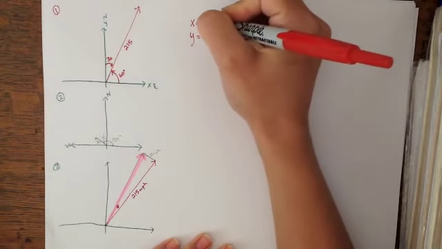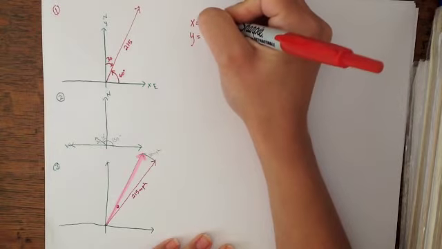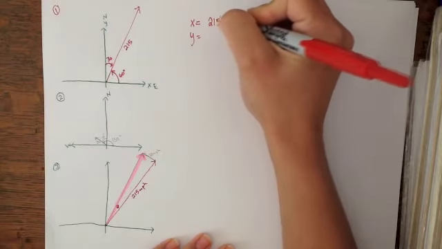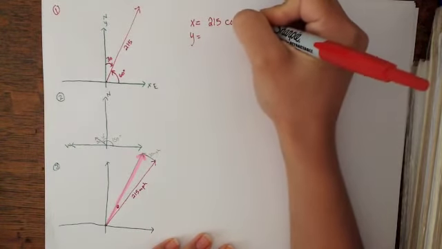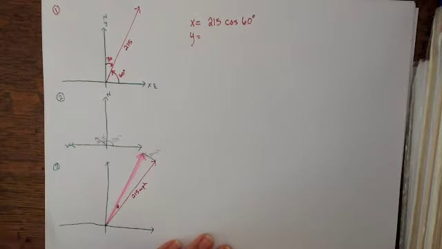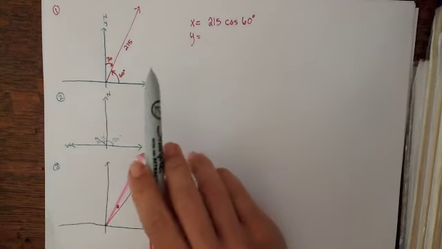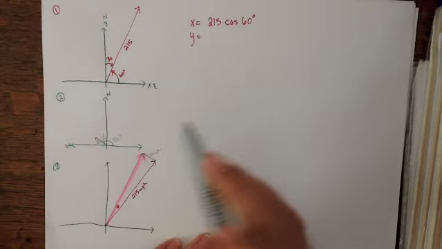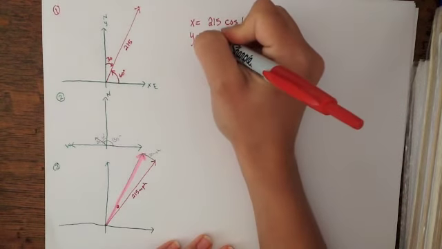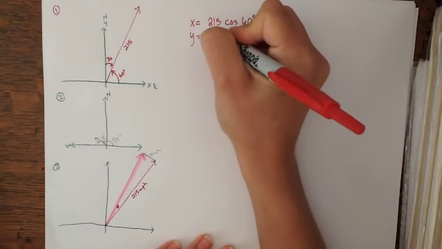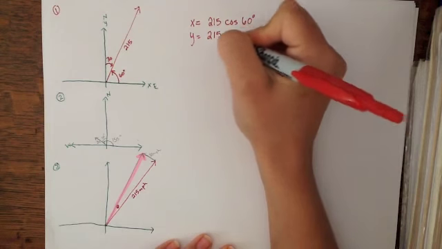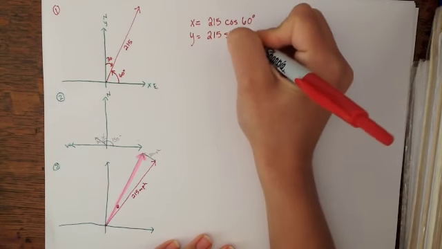So x will equal the magnitude, which is 215, times the cosine of our direction angle. And notice I'm going to use 60 degrees. I always use standard form when solving for the components of a vector. The y is going to be 215 times the sine of 60 degrees.